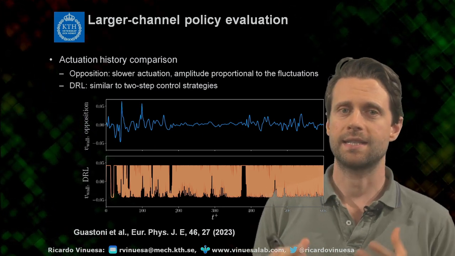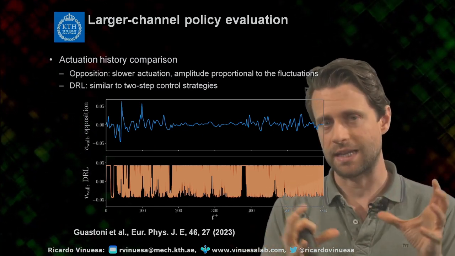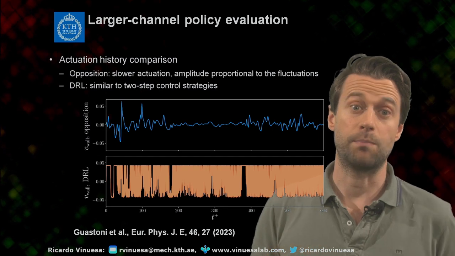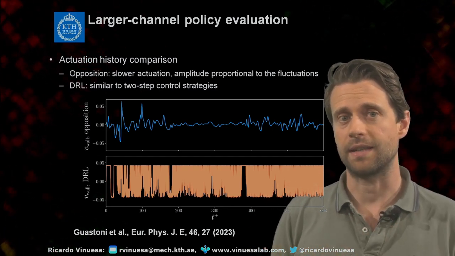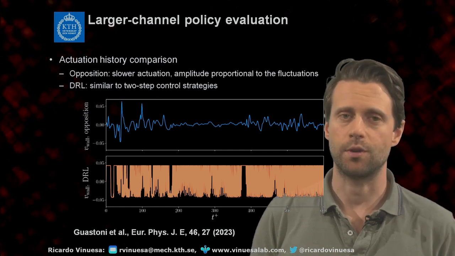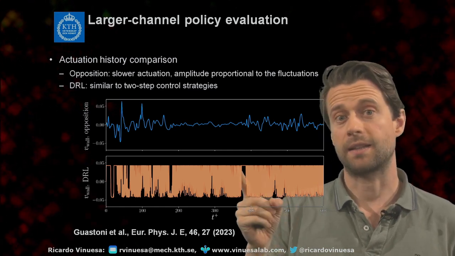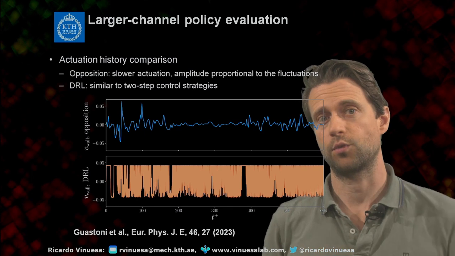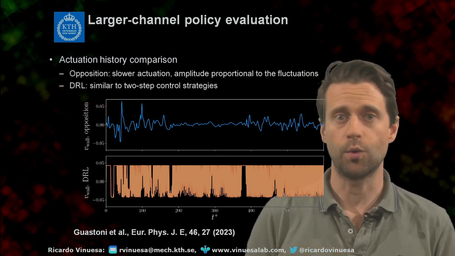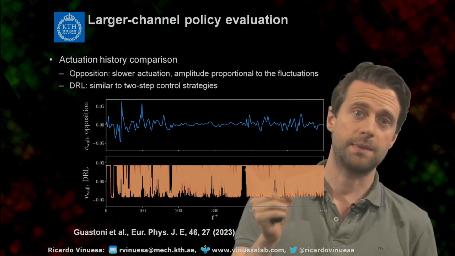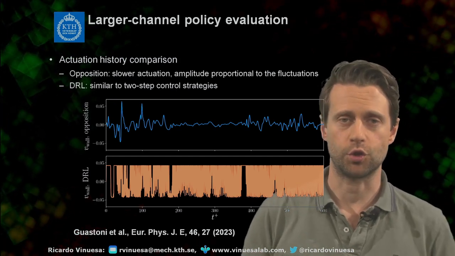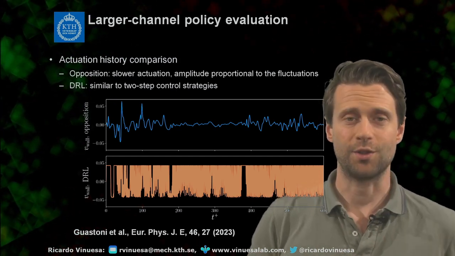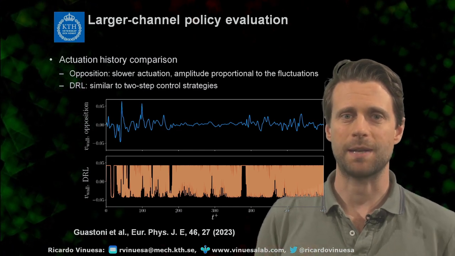And what we can see is that this type of behavior, which again resembles the popular two-step control, is able to really have a significant impact on the physics of the near-wall flow. In fact, if we allowed a wider range of actuation, we would be able to have a more nuanced control physics, but even this approach is significantly more effective than opposition control, which is very encouraging, to try to understand a bit more what is happening.